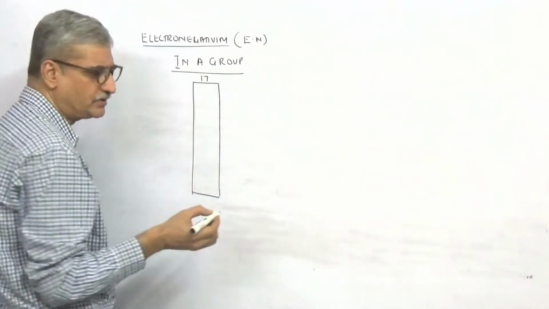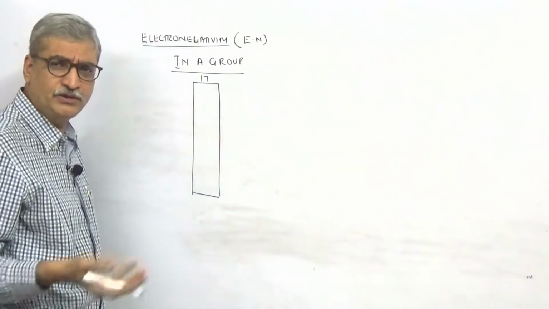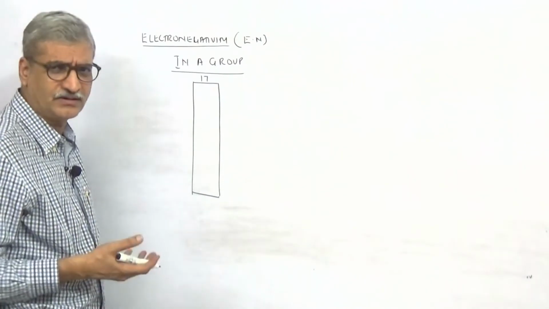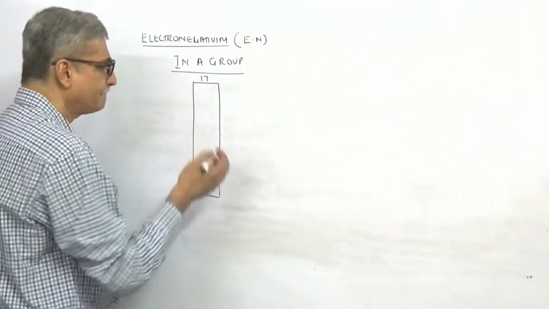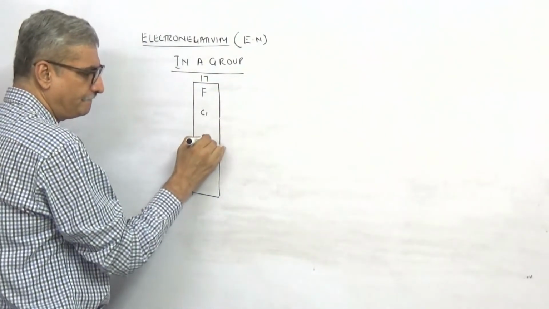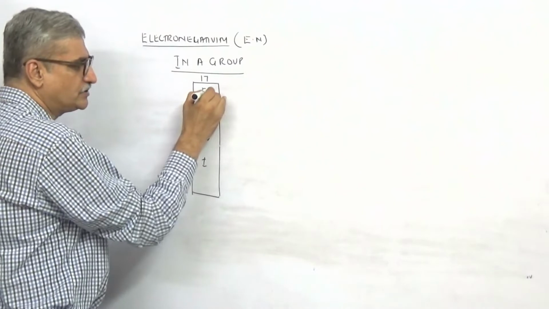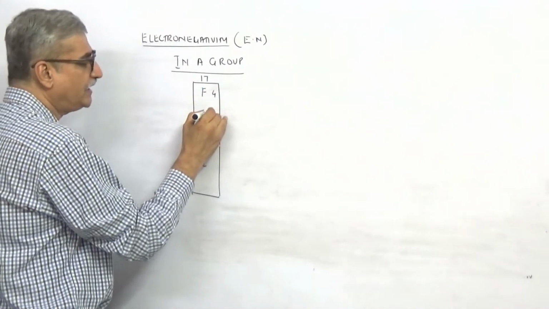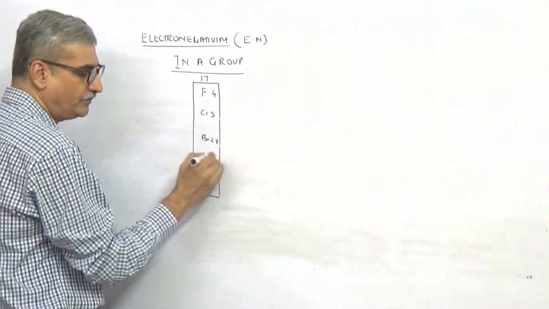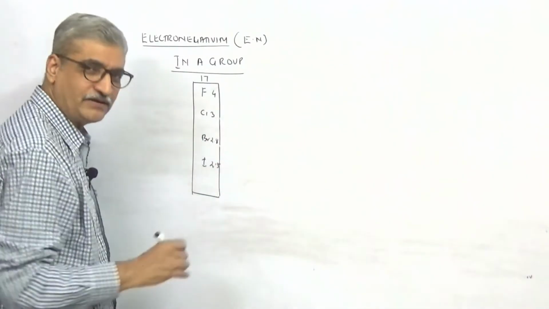Literally, electronegativity will be 0 for alkali metals, because they don't pull the electron. They are electropositive. They give electrons. So group 17 will be fluorine, chlorine, bromine, iodine. The value is 4, then we have 3, 2.8 and 2.5 according to the Pauling scale. So this itself, half the story is told.